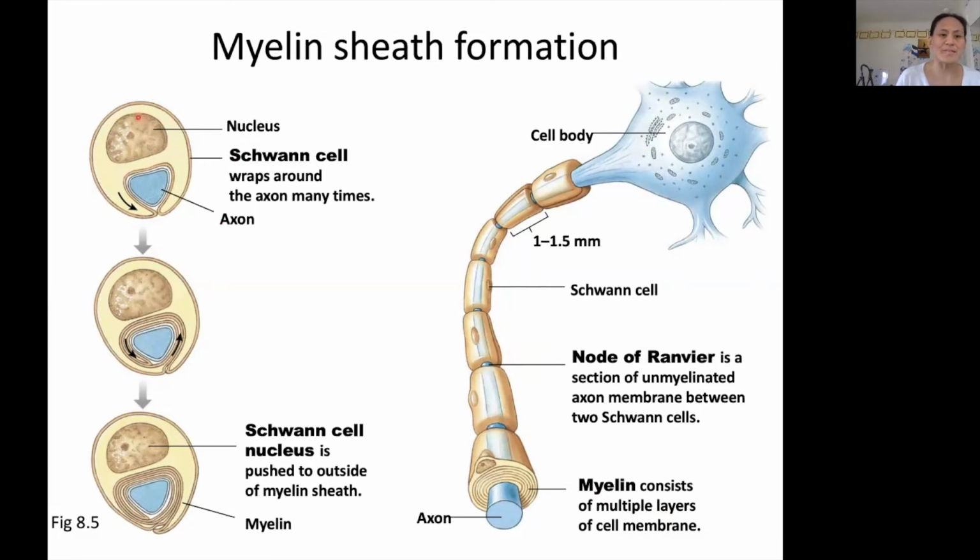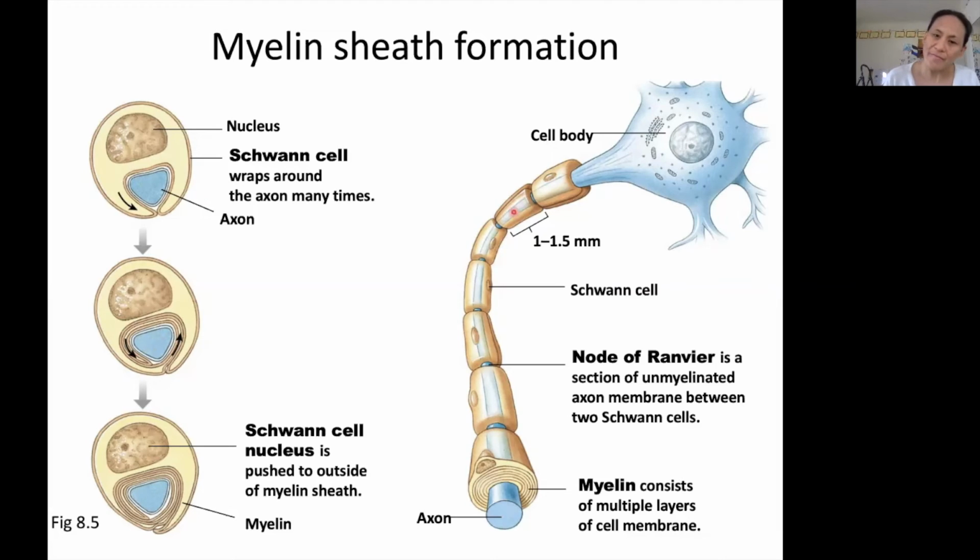Okay, so this is, sorry, I forgot to orient you here, but this is basically a cross section, right? So if you took a knife and cut through right here, you would get something that looks like this. So here's the axon right here, and then you've got the Schwann cell wrapped around the axon of the neuron many times, okay?